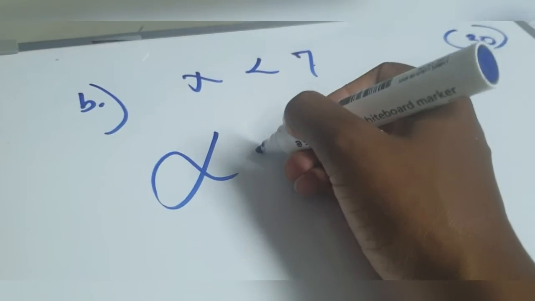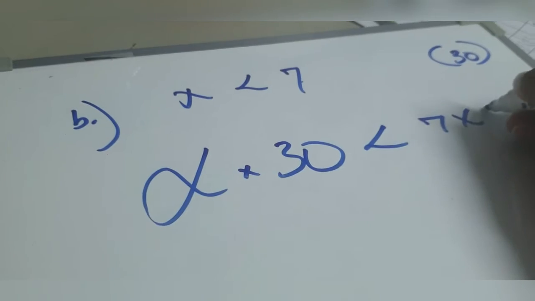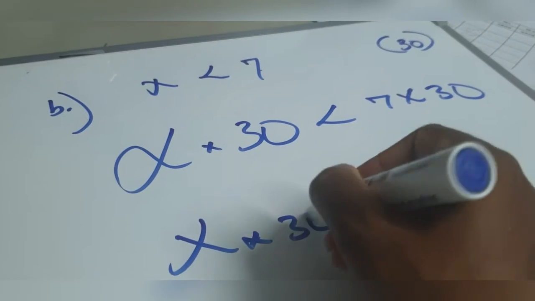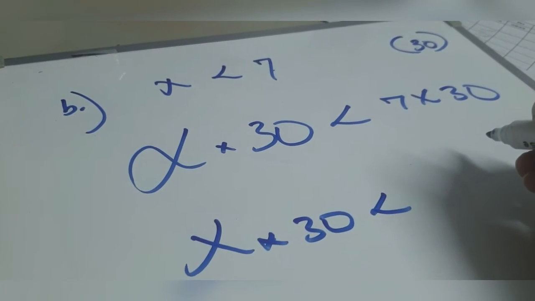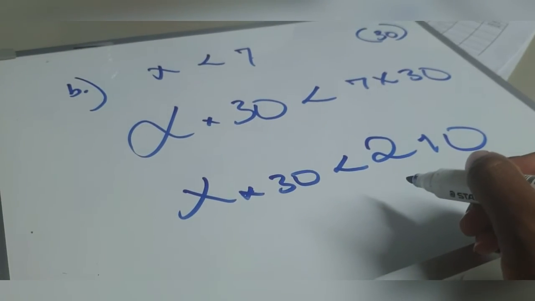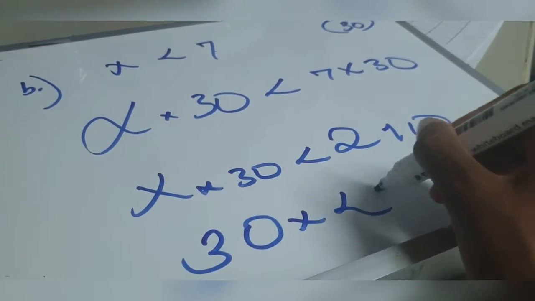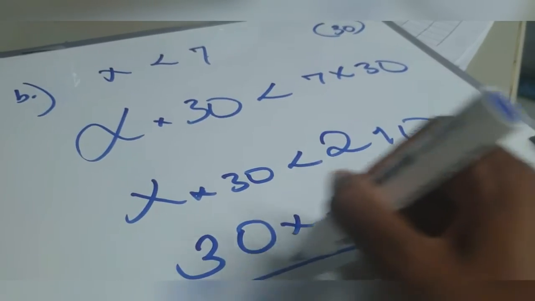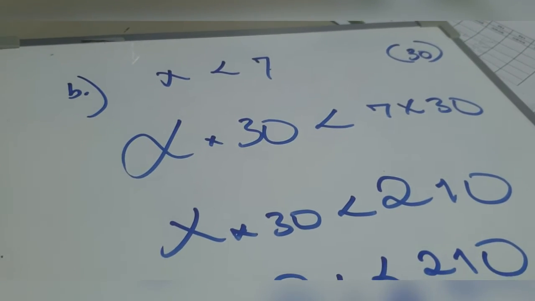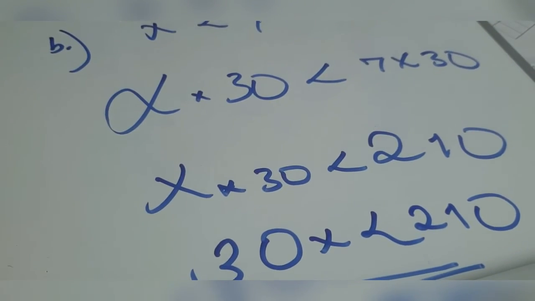So we have x times 30 is less than 7 times 30. What is 7 times 30? 210. And you have finished. Or we can say 30x is smaller than 210. Okay? Good. So when you finish, can you try part C?